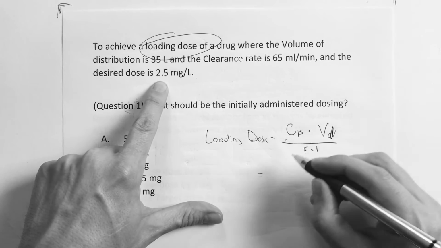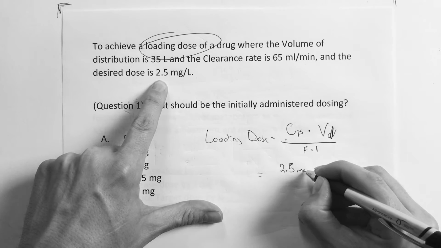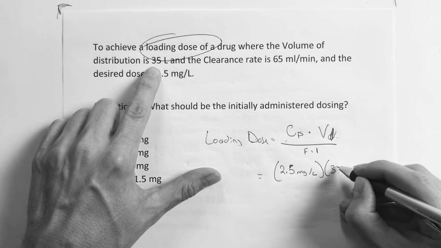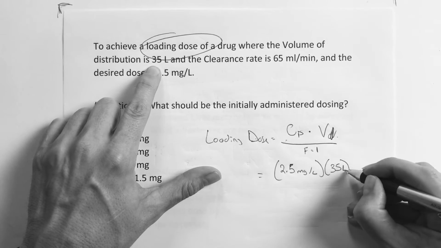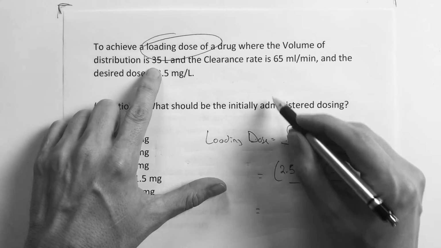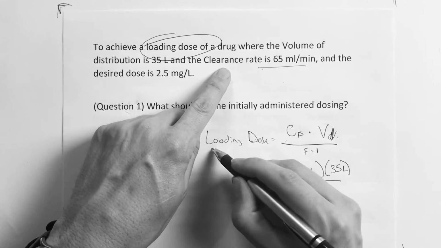Now, did they give us the target concentration? The desired dose is 2.5, good, milligrams per liter. That was nice of them. Times volume of distribution, again very nice of them to give that, and all over 1. Does anything have to do with the clearance? No, remember it's not part of the formula for loading dose.